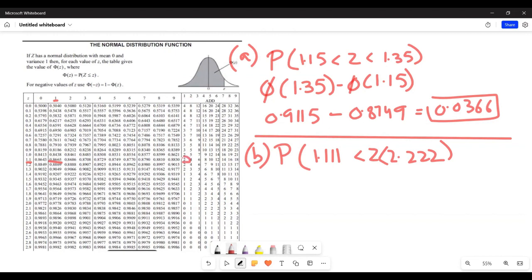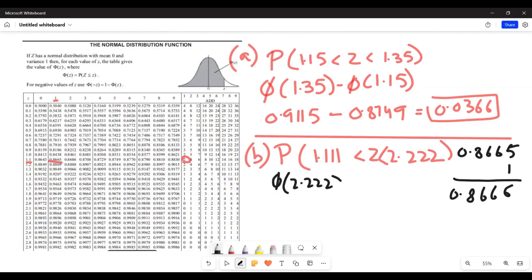So what we'll do is add 1 to the last value of the probability. So 0.8665 plus 1, 0.8666. So I had to do phi 2.222 minus phi 1.111, so I found this first.